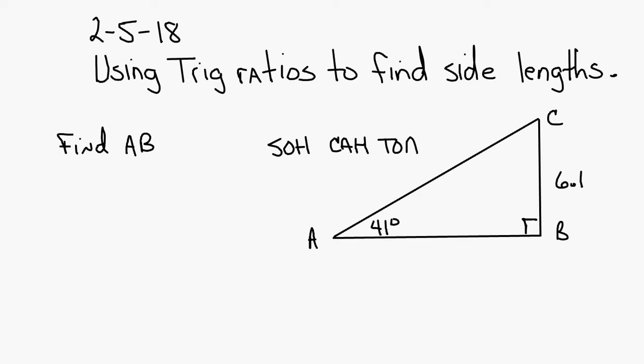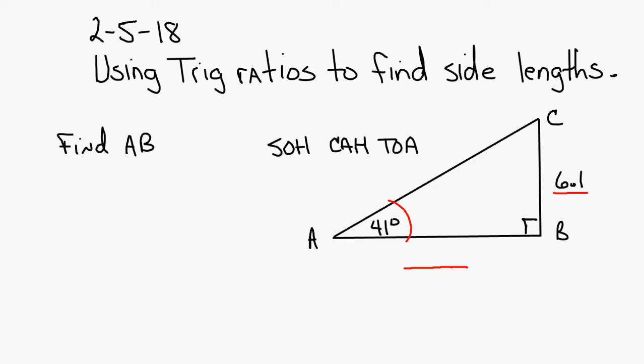Now, the acronym, SOHCAHTOA. When you're given these problems, look at the information that's given. All right, you're given the 41 degrees and you're given the side opposite. Okay? You know an angle and you know its side opposite. And you're asked to find, in this problem, its side that's adjacent.